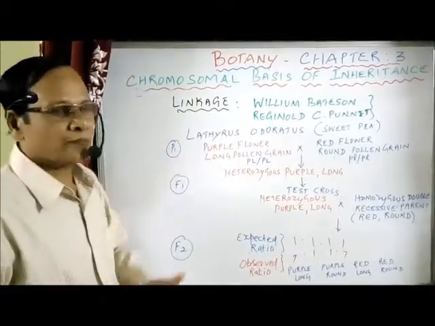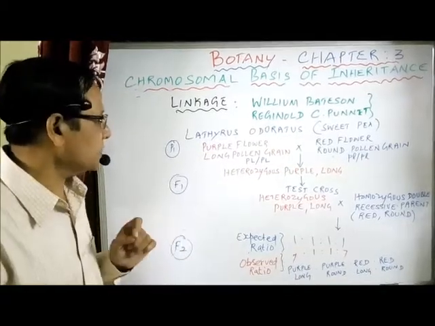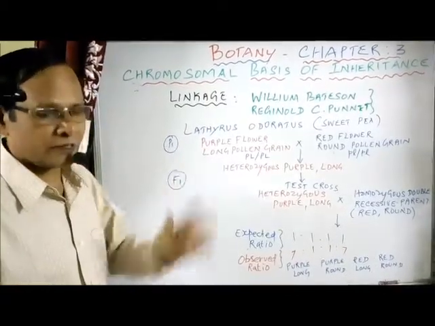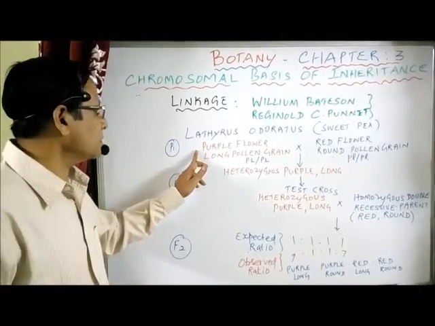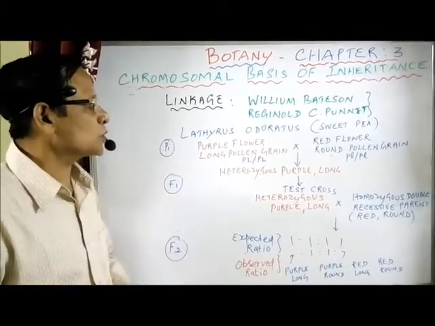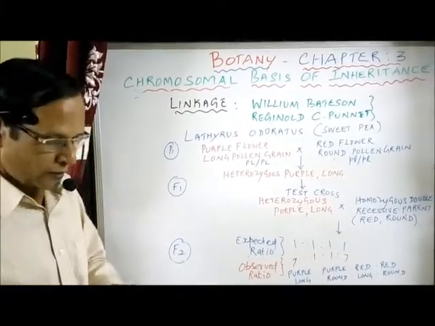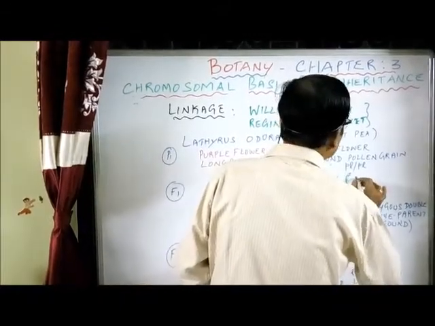They crossed them. In the F1 generation, all the progenies had the purple long character, indicating that the purple flower is dominant over red flower and long pollen grain is dominant over the round pollen grain. So we have received the genotype.